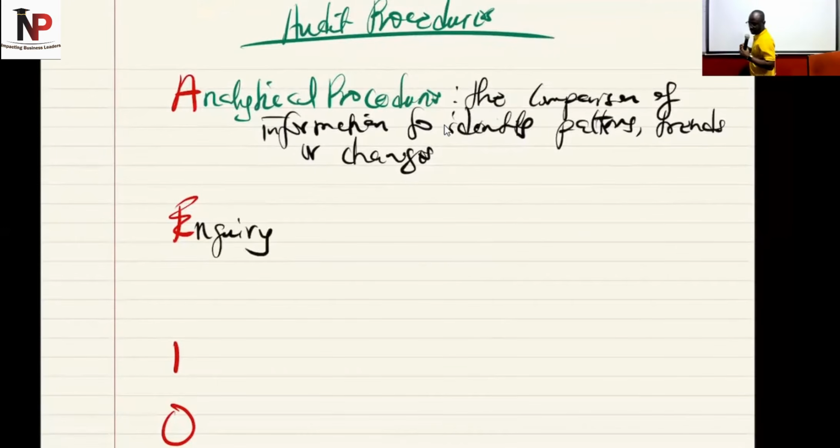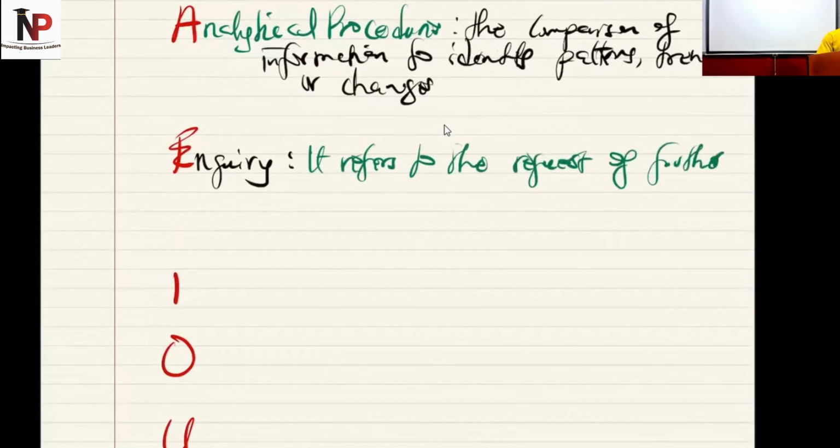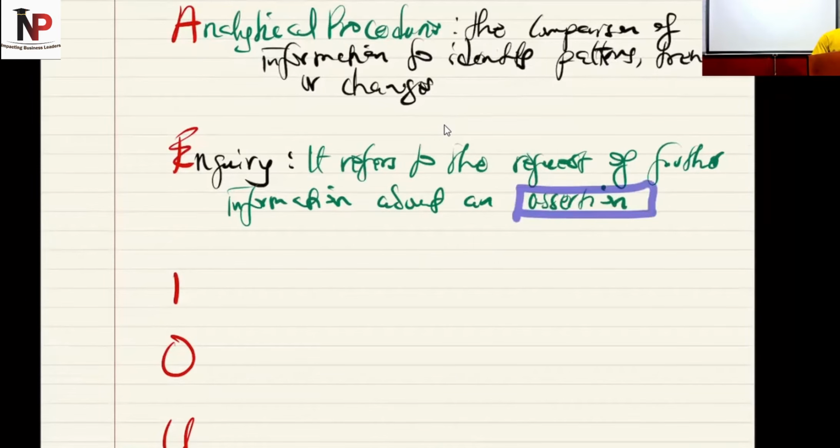Enquiry. So what is enquiry? It refers to the request of further information about an assertion. Please note that in audit, when we say assertion, we mean statements made by management.